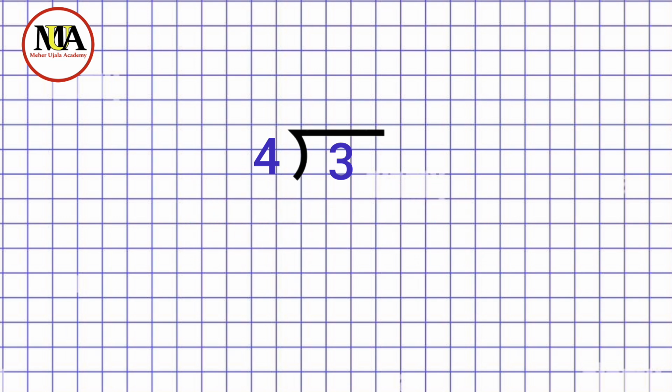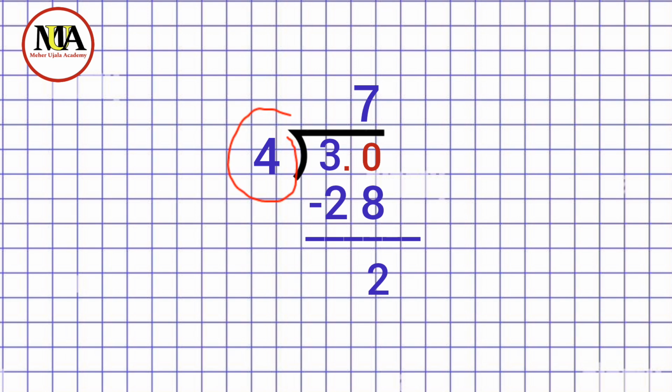Let's put a decimal point after 3 and a 0 in the tenths place to make 3.0. Now our problem looks like 30 divided by 4. If you remember your multiplication table, you will know that 4 goes into 30 7 times because 7 times 4 equals 28. 30 minus 28 leaves a remainder of 2, but we don't want a remainder, so let's keep going.